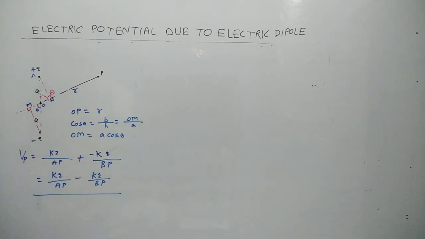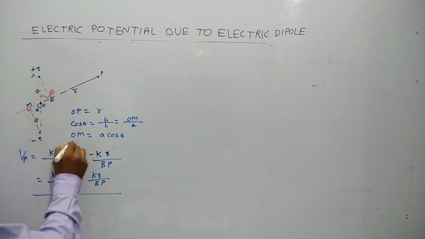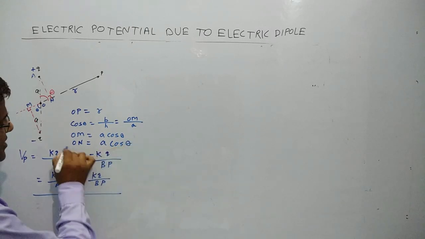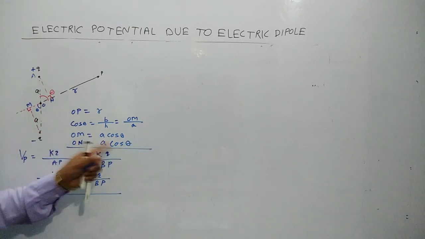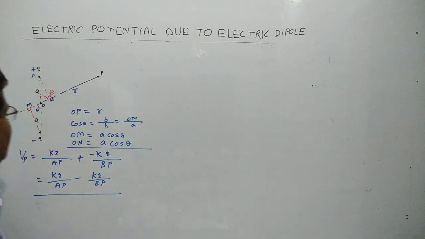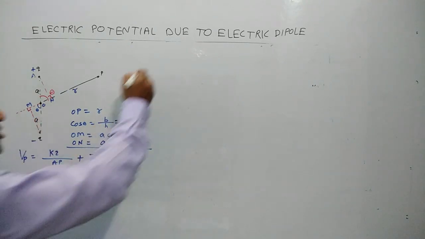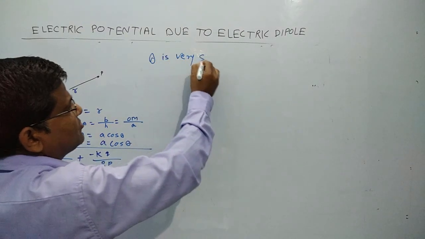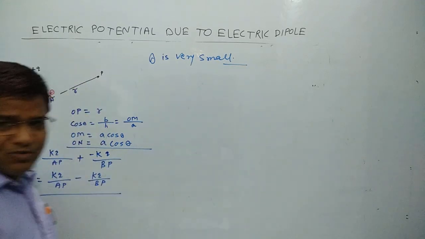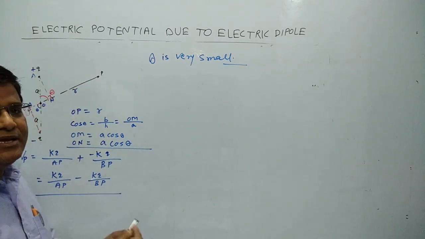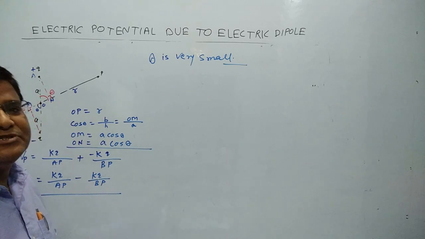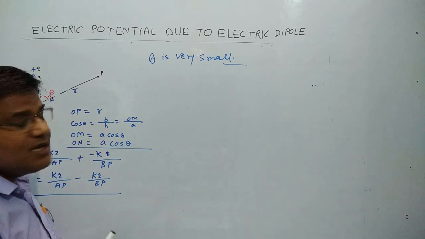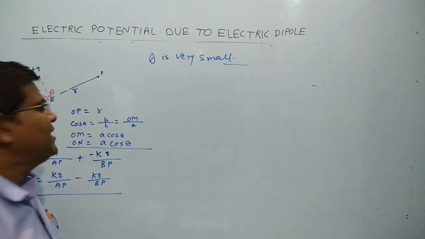Similarly, ON is also equal to A cos theta. And the angle is very small, theta is very small, because it is an electric dipole, and an electric dipole has a very small distance between the two charges. Then the angle is also small. If the angle is small, then we can approximate the value.